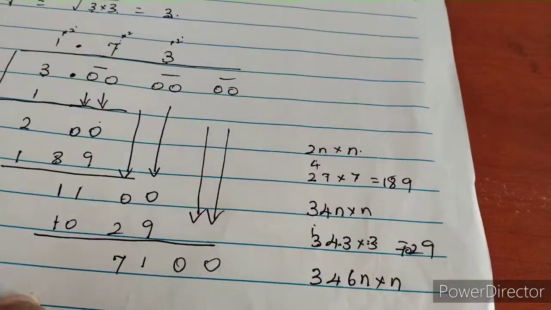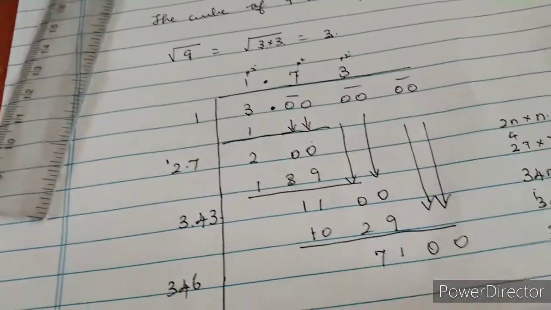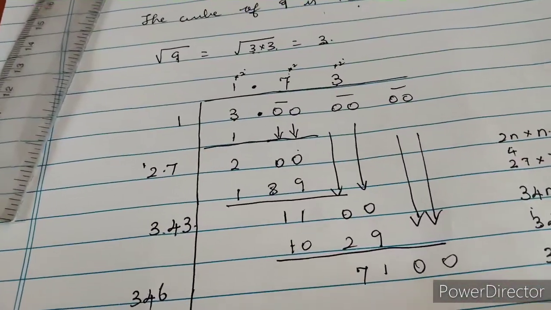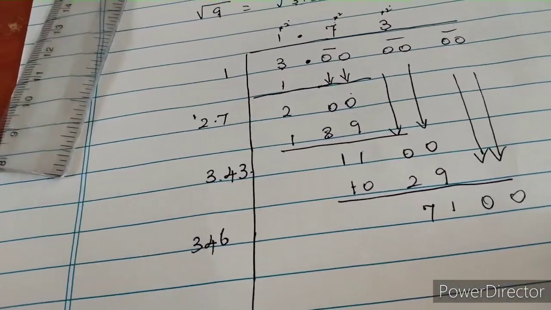Now in the place of n, you will substitute the value 2. 3462 into 2.